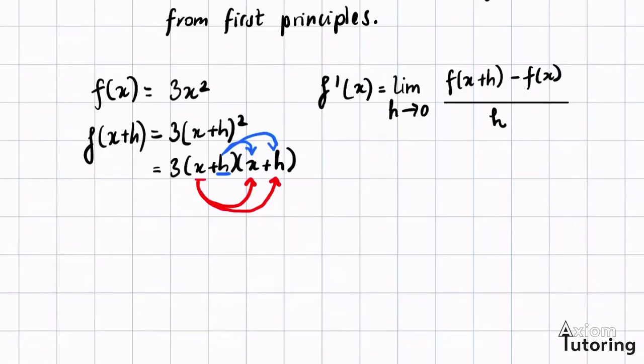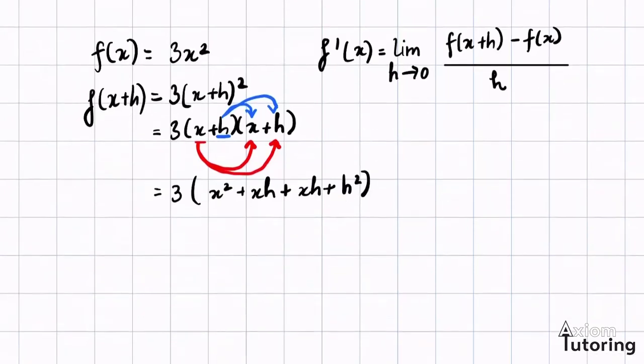So what will that give us? We'll have 3 brackets x squared plus x times h is xh plus h times x is hx, which is equivalent to xh, plus h times h, which is h squared. So we can simplify a little bit because we can see xh plus xh gives us 2xh.